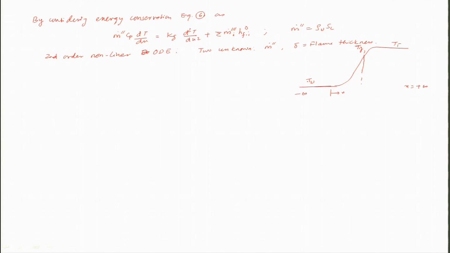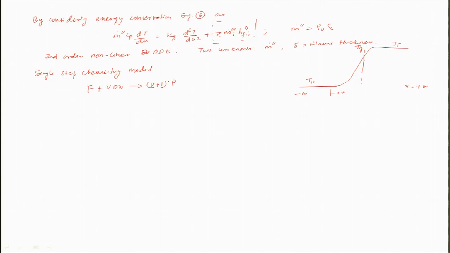Before venturing into that, let us look at this term, how to handle these terms, right. And for that we will consider the single step chemistry model. 1 mole of fuel F reacting with nu moles of oxidizer getting into nu plus 1 moles of product.